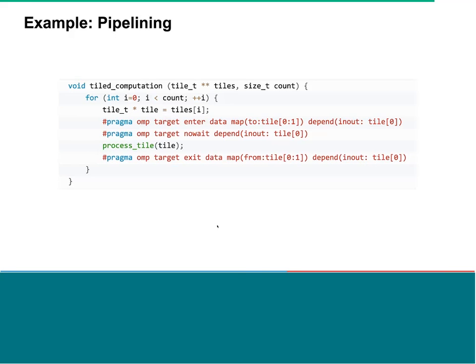It's unfortunate if you have to wait for the entire copying in of all the data to be able to start computing on the first tile, and likewise for all of the data to come back out before you can do subsequent processing on that tile, perhaps. By using nowait and depend in this case, the depend is actually on the tile itself.